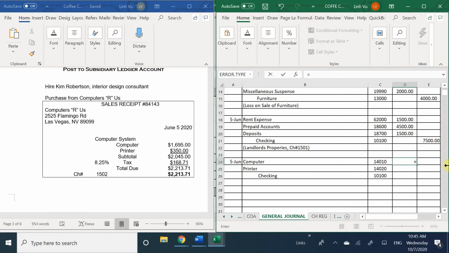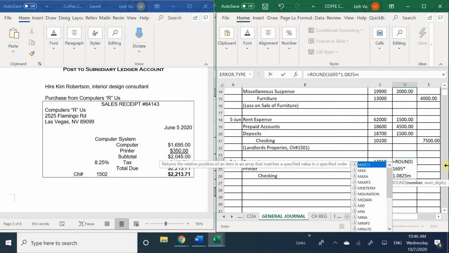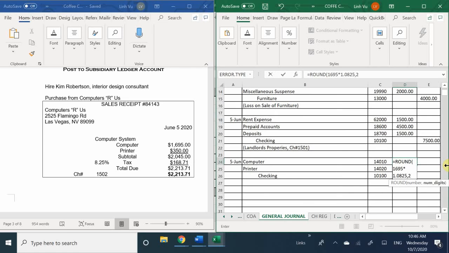But remember, we need to round our numbers. So I'm going to use equal round for this equation: 1695 times 1.0825, comma, 2 decimal places to get me 1834.84.